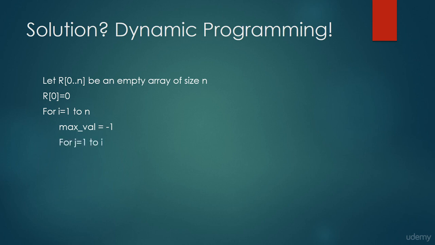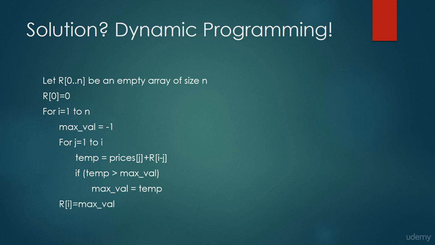Then for j equal 1 to i, temp equals prices j plus R i minus j, and if temp is bigger than max val, then max val equals temp. Finally, after the inner loop, we set Ri equal to max val, and once both loops have finished, we return Rn.